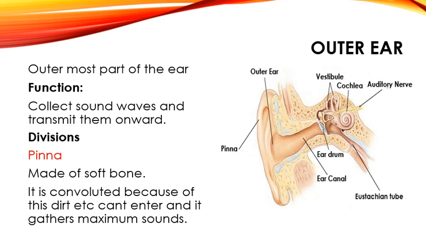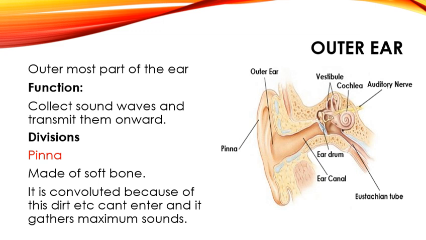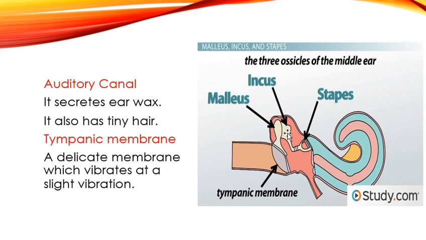The next part of the outer ear is the auditory canal. The auditory canal is a 1.5 inch long tube, and it secretes a substance called earwax. What is the purpose of earwax?